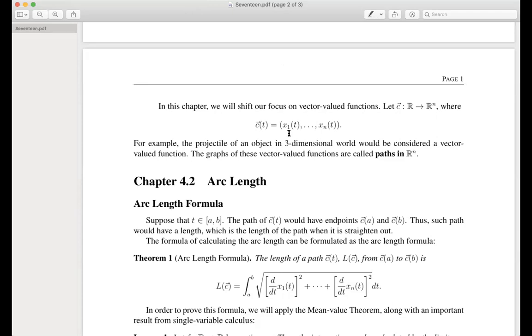If you straighten out the graph of this vector value function, it would be like a line, right?